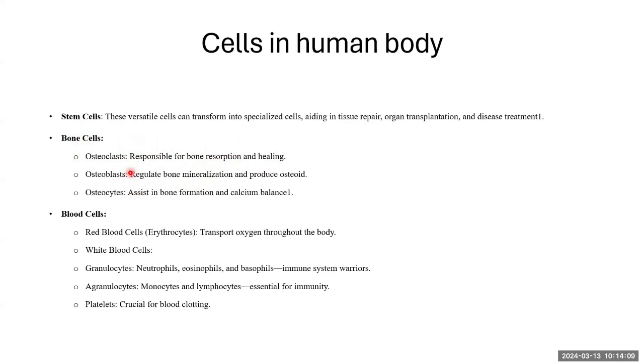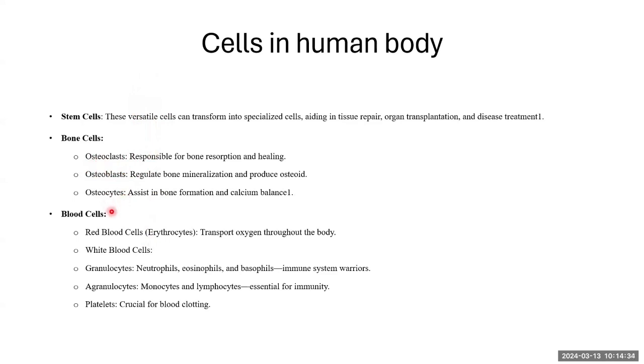Whenever there is a fracture in the bone, first comes the osteoblast to rescue it. They form the bone at the fracture site as the bone heals, and then osteoclasts remove the extra bone formed during the healing process and line the bones into shape. So this is all about the bone cells.